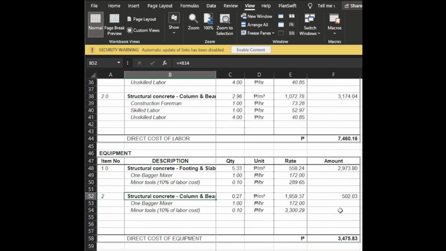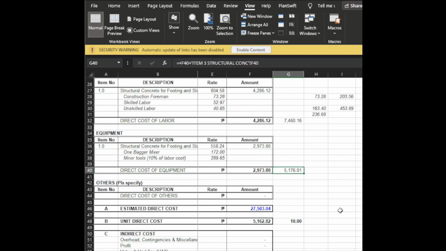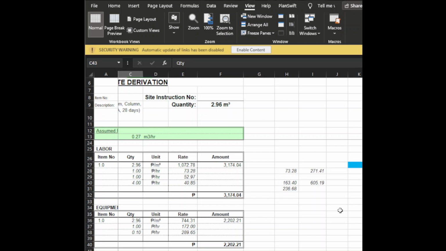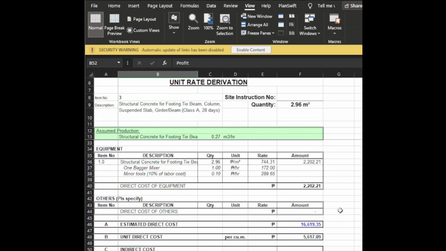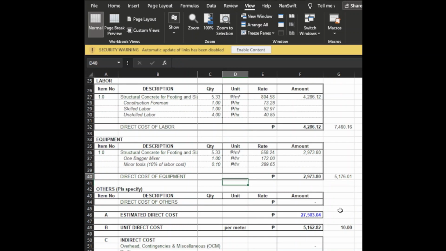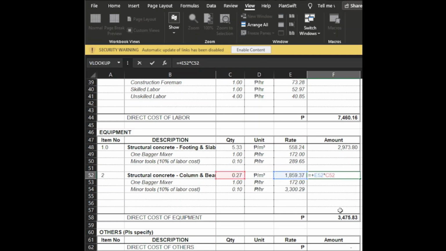Again, it's different. $502. We will check this one, guys, so that we can make it right. The equipment from this one is 2,000, and this one is 2,973. But what happened here is it became 502 only.